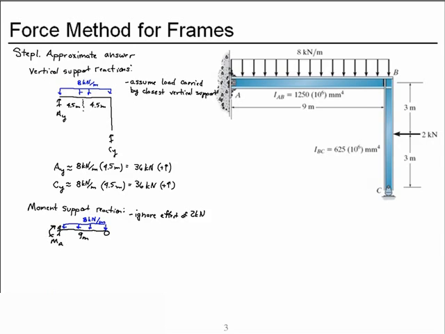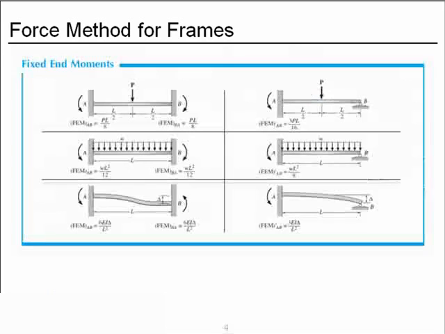Now, although we haven't yet introduced it in the text, if you look inside the back cover, there are many different loading conditions for frame elements that are supported fixed or fixed roller, like we have.